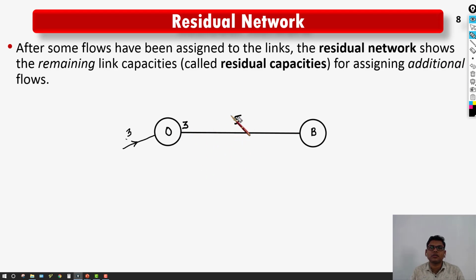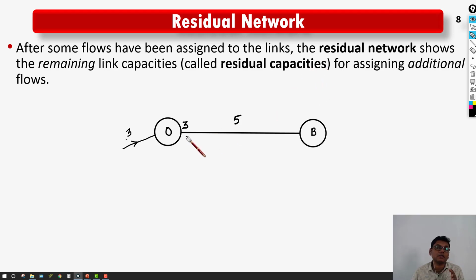Clear? Now, after some flow has been assigned, how many assigned? 3 to the link. The residual network shows the remaining link capacity. What is the remaining link capacity? So 5 was the permissible. Out of that 3 is utilized or assigned.